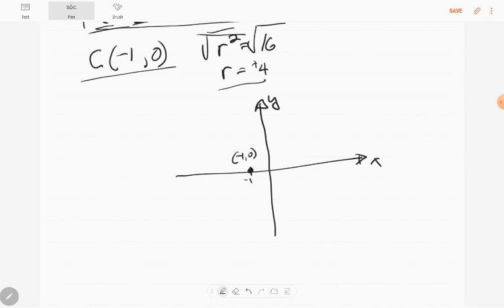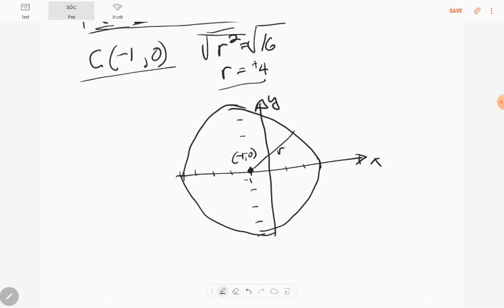The radius is 4, so you have 1, 2, 3, 4 here, 1, 2, 3, 4 here, 1, 2, 3, 4 here, and 1, 2, 3, 4 here. So just connect the points to form your circle.